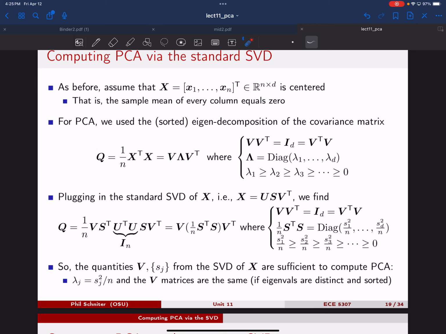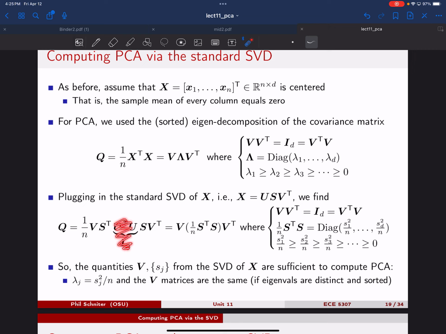Let's look at what Q would be if I plug in the SVD of X. So from the previous page, X would be U S V transpose, and then this X transpose here would be V S transpose U transpose. And because U is orthogonal, this U transpose U is identity, so you don't really have to think about it.